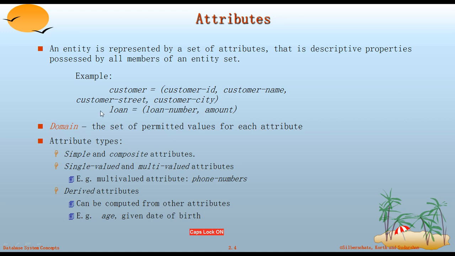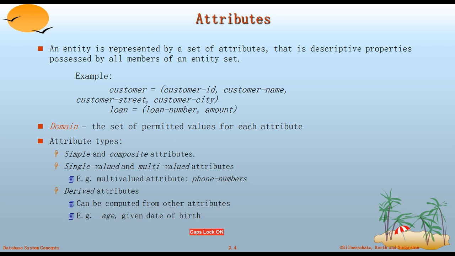And loan is another entity, whose attributes are loan number and amount. And domain. What is meant by domain? The set of permitted values for each attribute is called the domain. The permitted values which are allowed to be stored for each attribute is called the domain.